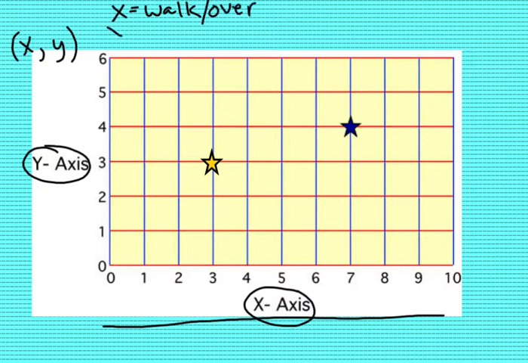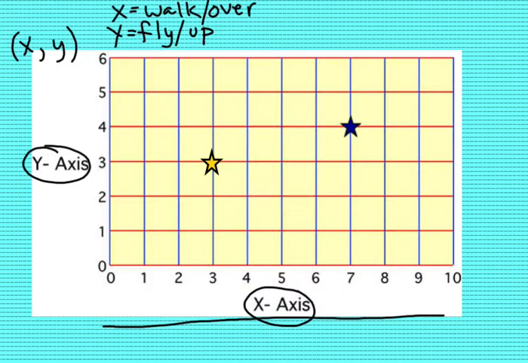And your y is always going to be your fly or your up. So we're going to go over first with x, and then we're going to go up.